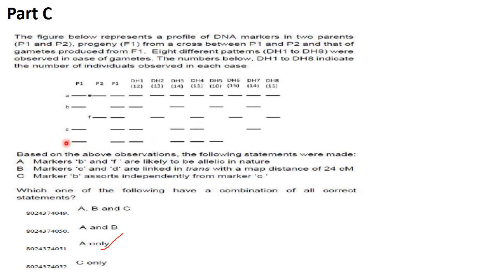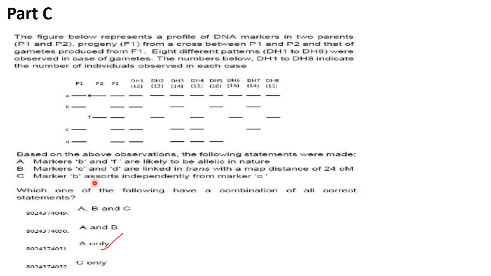So C and D are linked, but in cis orientation, not in trans. They are found in a single parent. So they are linked and in cis orientation. So statement B is not correct.